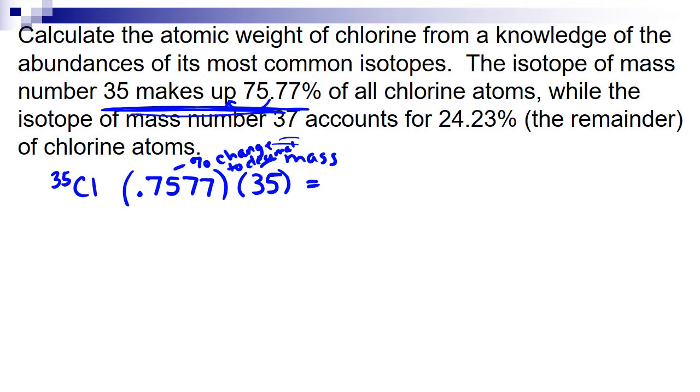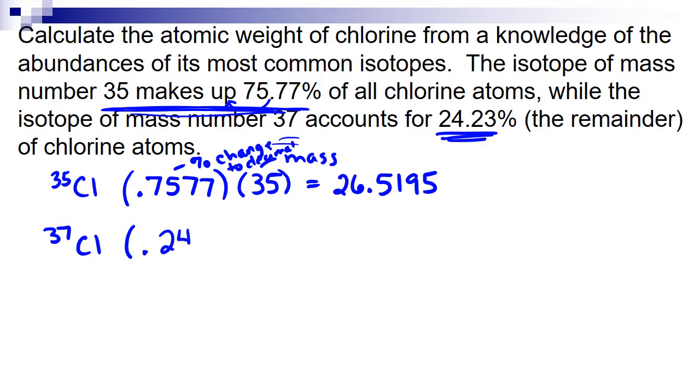Now, I don't have this written out. I'm actually using a calculator right now. So give me just a second to find that answer. 26.5195. I'm just going to write down all the numbers it gives me. Then we have chlorine 37. We're going to take the percent and change it to a decimal by moving it back 2 spots.